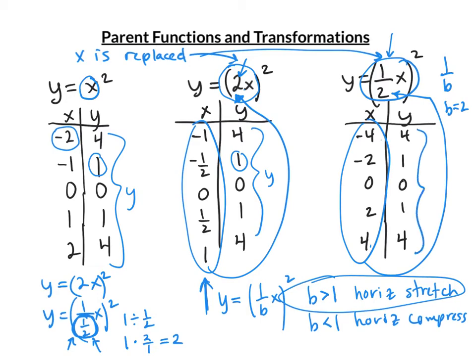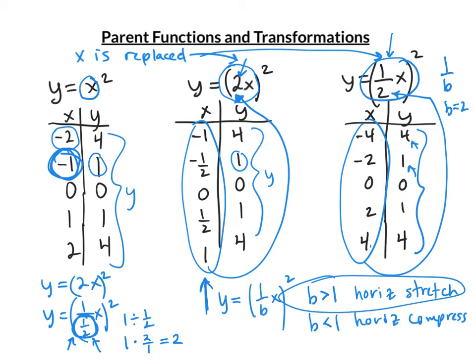See, plug in -4. 1/2 times -4 is -2. -2 squared is 4. See how I plug in -2 and I get the value from the original table? Plug in -2. 1/2 times -2 is -1. There it is, -1. And -1 squared is 1. 0 squared is 0, and that half doesn't affect it.